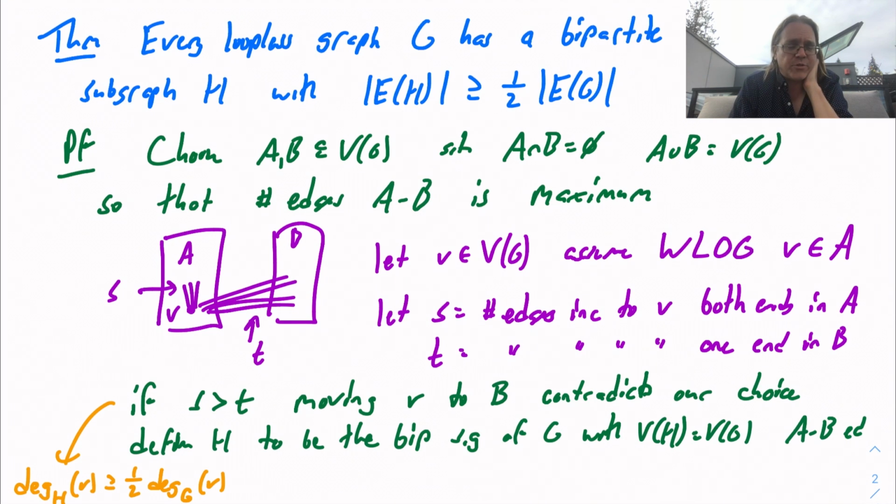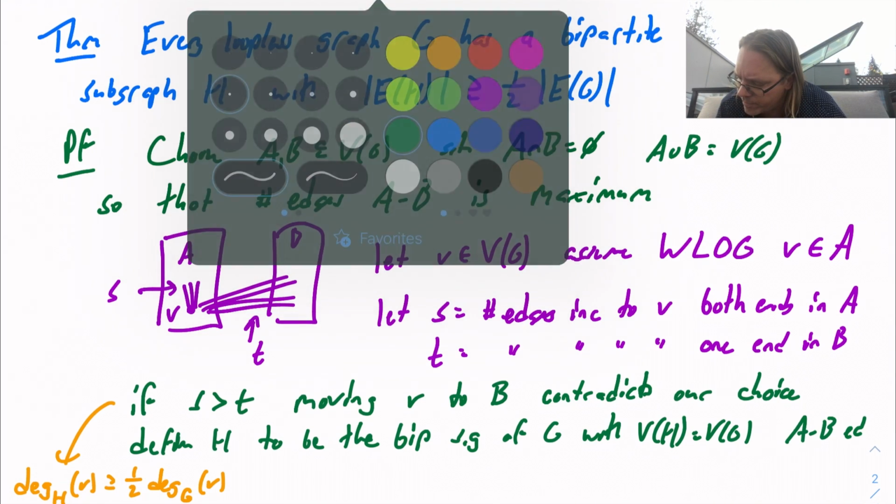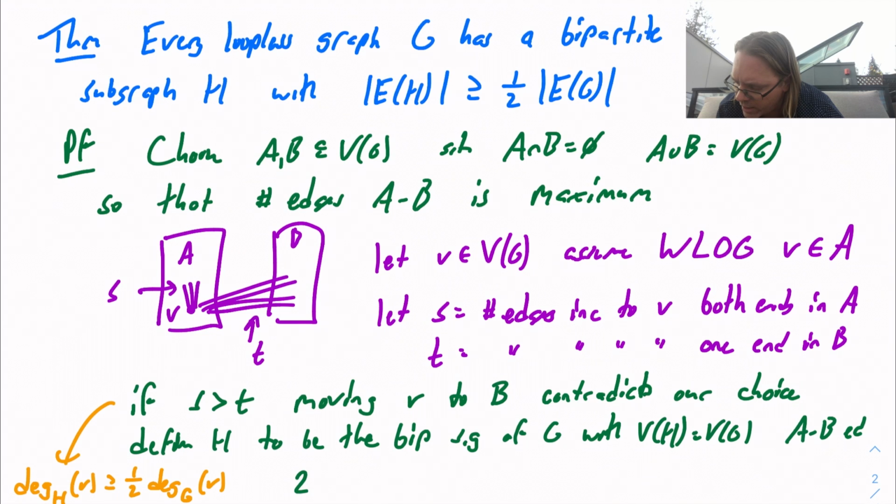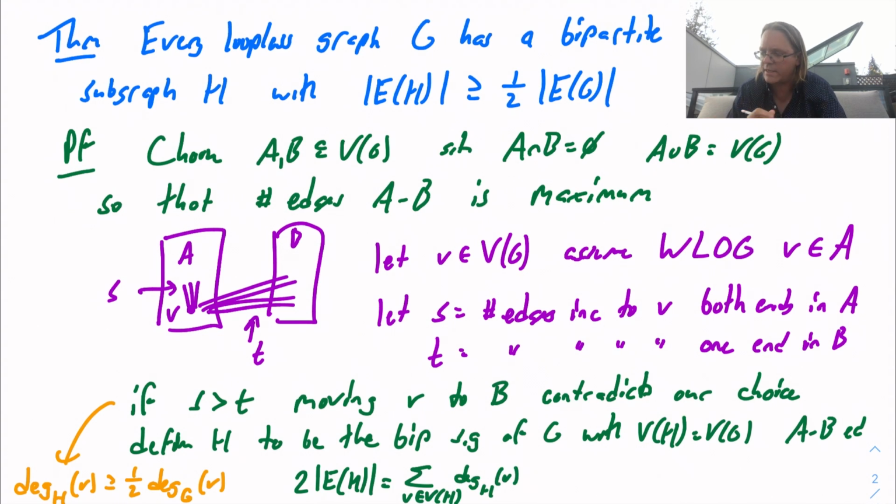So this is the key feature we have, and this is going to be true for every vertex V, right? So again, for every vertex V, its degree in our subgraph H is going to be at least half of its degree in the original graph, and this is all that we need to complete the proof. So now you remember that twice the number of edges of H is equal to the sum over all vertices of the degree of the vertex.